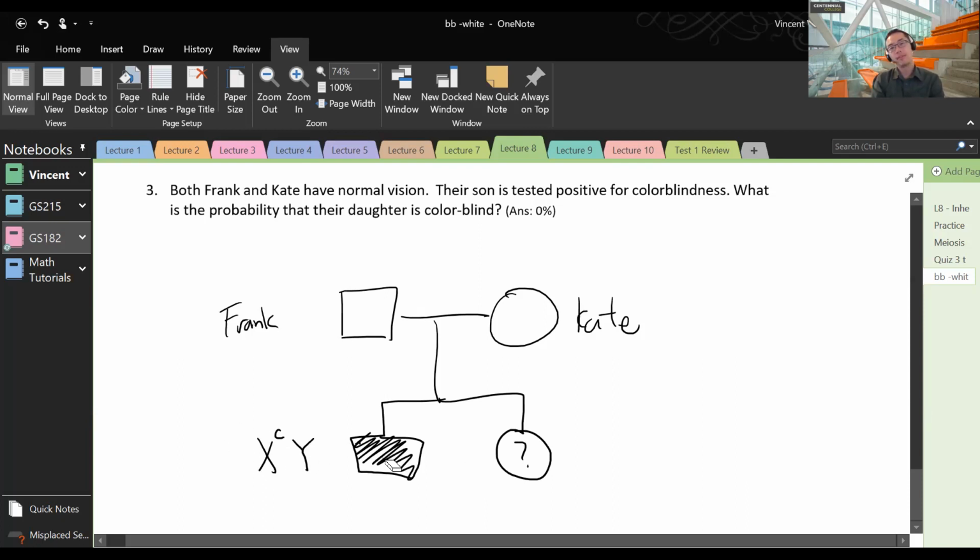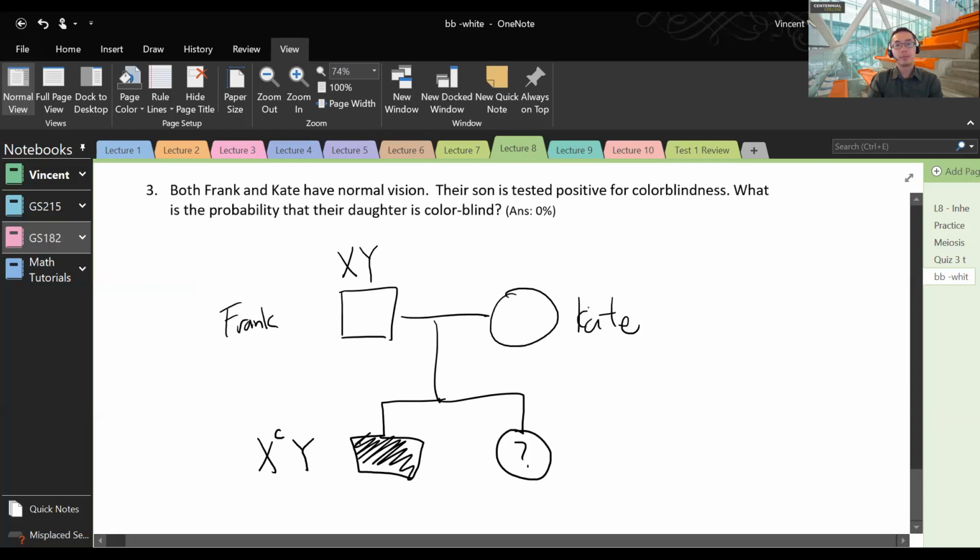XY for male. If it's colorblind, then it's the colorblind allele on the X chromosome. Frank and Kate both have normal vision. So what's the genotype for Frank? Well, it's just going to be XY, right? Normal X.